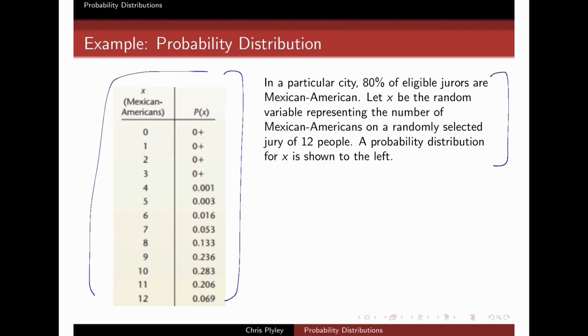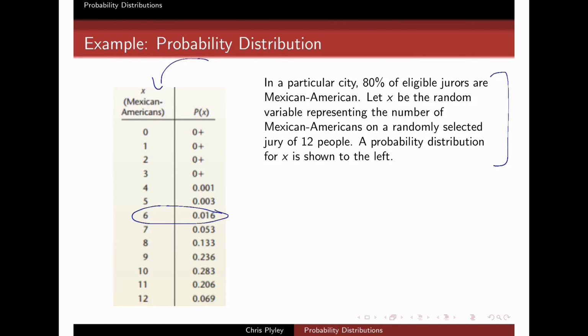The probability distribution is just a table which shows the likelihood of me getting that many Mexican-Americans on my jury, assuming that it's selected completely at random. So I read this table by saying things like the probability of getting 6 Mexican-Americans on a jury is 0.016, about 1.5%.